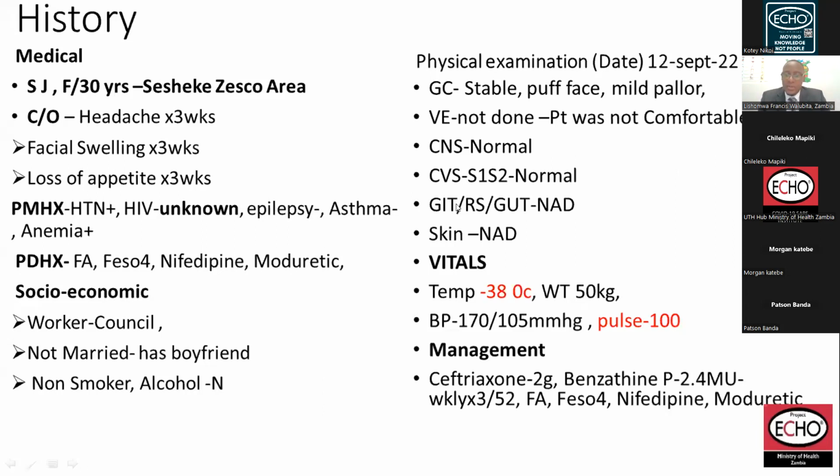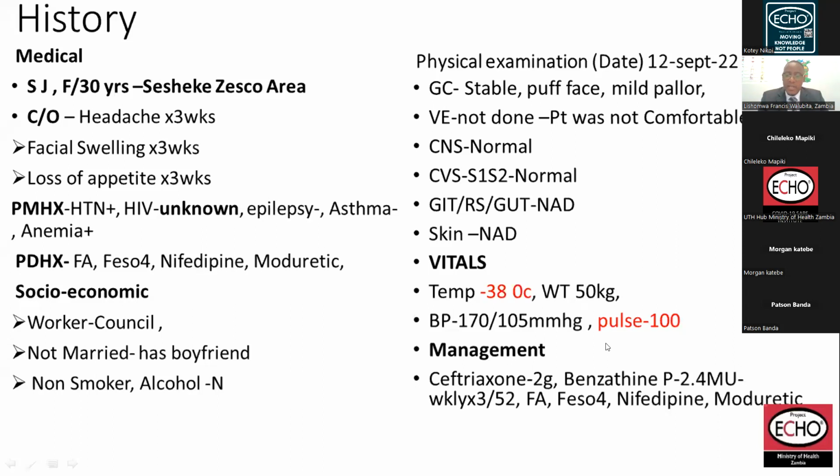The gastrointestinal, respiratory and genitourinary tracts were normal. The skin was okay. Vitals were temperature 38 degrees centigrade, body weight 50 kgs, blood pressure 170/105 millimeters of mercury, and pulse 100 beats per minute.